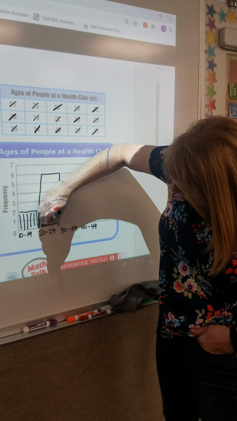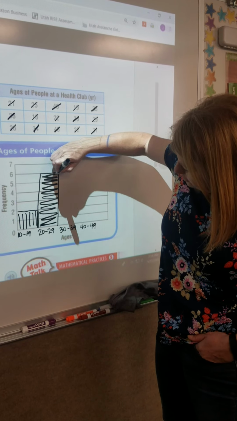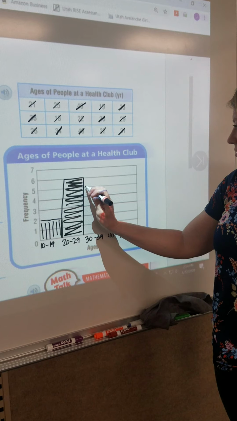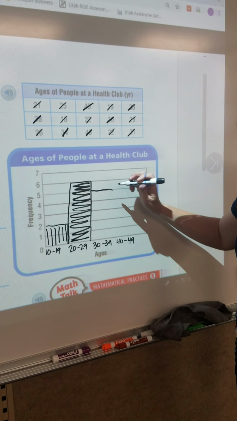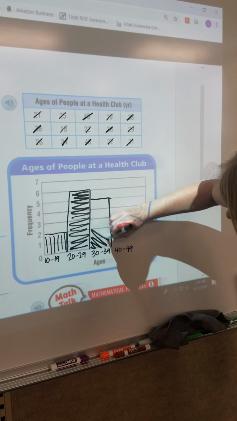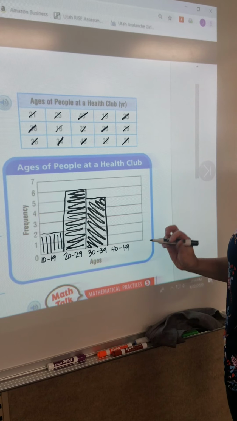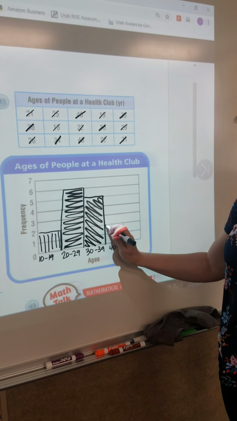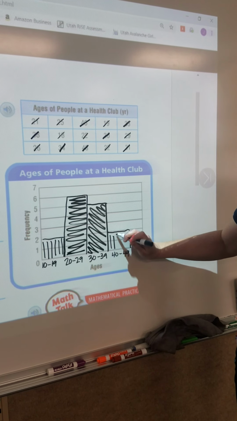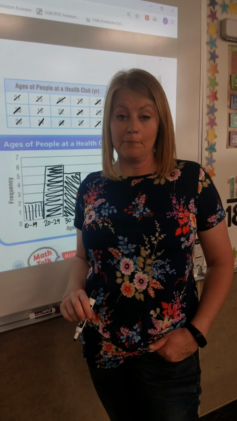I'm going to mark it just a little bit different so you can tell it's a different interval. 30 to 39 would be 5. And then 40 to 49 is back to 2. And I'm just going to go back to what we started with. And that's how you create a histogram.